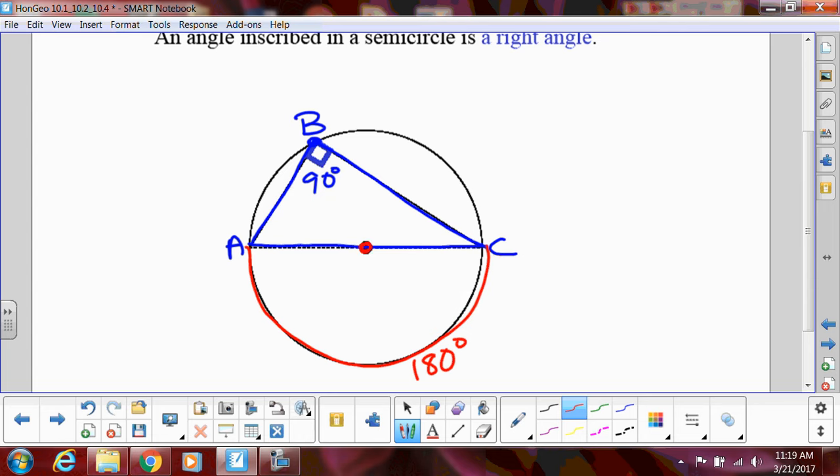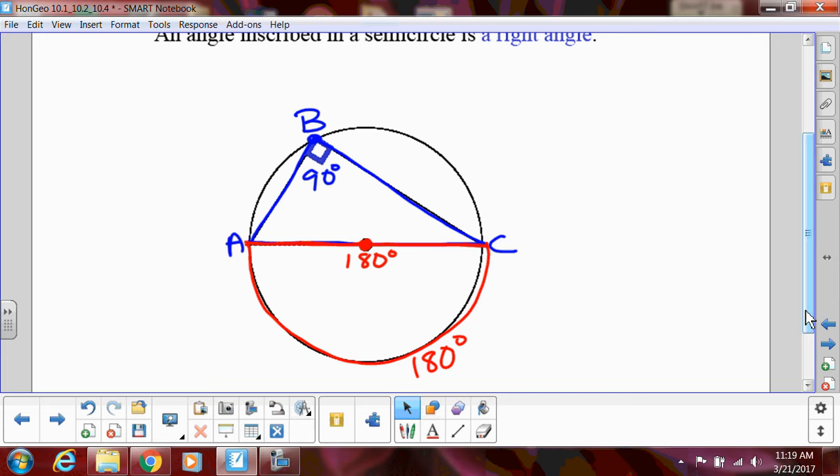That would make that central angle also 180 degrees, which means that's a semicircle and this is a diameter. That'll be very handy for us because the nice thing about 90 degrees is that it makes a right triangle. So we need to be on the lookout for inscribed angles that have the diameter.